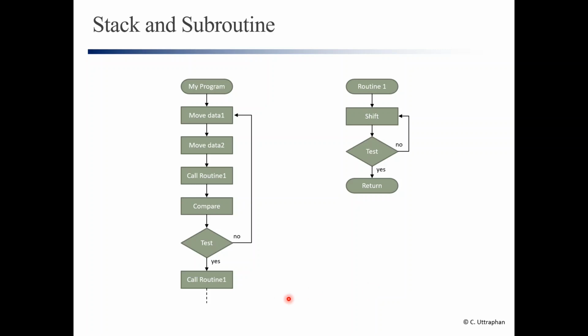We can imagine the subroutine using this flowchart. Let this flowchart be our main program, and here we have another program, which is actually a subroutine. When we execute instruction by instruction in the main program and reach the line where we need to call a subroutine, the microprocessor will jump to the subroutine and execute all the instructions in it.